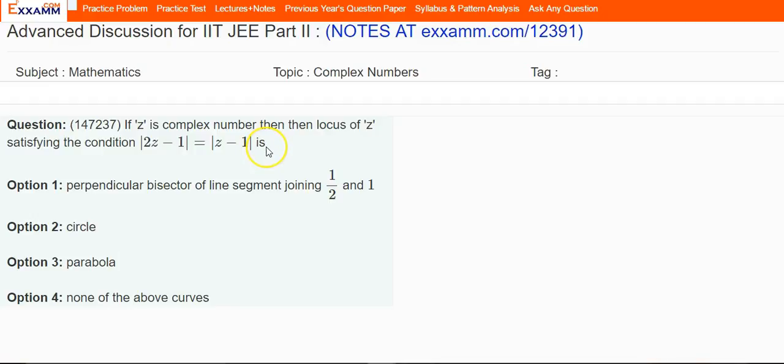Let us take 2 common, so we have 2 modulus of z minus 1 upon 2 is equal to modulus of z minus 1, which implies that modulus of z minus 1 upon modulus of z minus 1 by 2 is equal to 2. And this is of the form modulus of z minus z1 divided by modulus of z minus z2, equal to a number other than 1. So this would represent the equation of a circle.